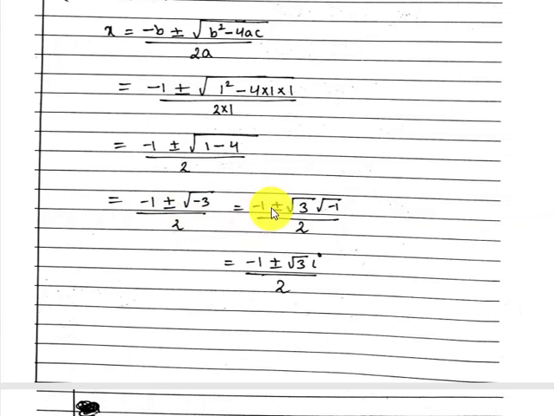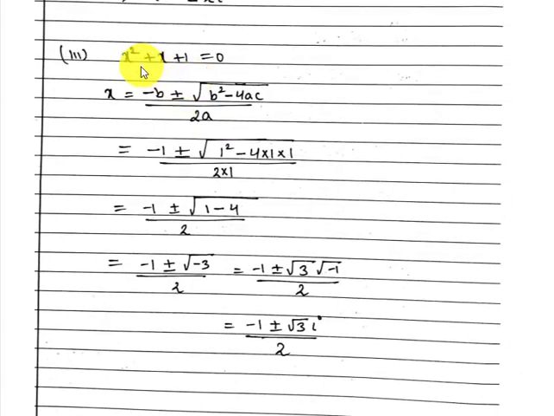In the next step, minus 1 plus minus square root of 3 into square root of minus 1. We don't know exactly what the value of square root of 3 will be, it will be a decimal, so leave it as square root of 3 only, and square root of minus 1 means i. So in place of square root of minus 1 we write i. So here we got the complex root for this equation.